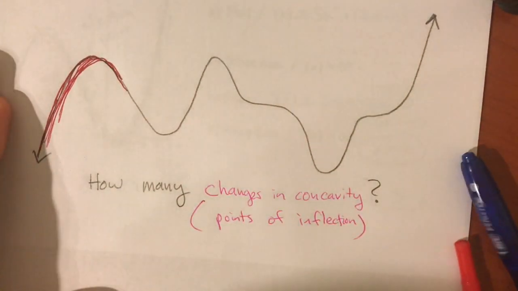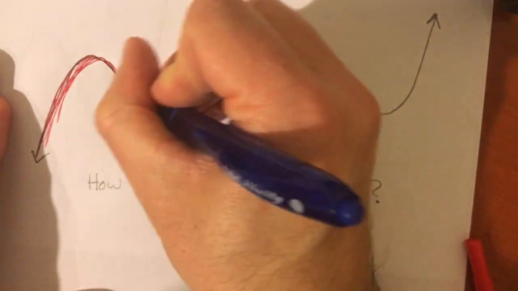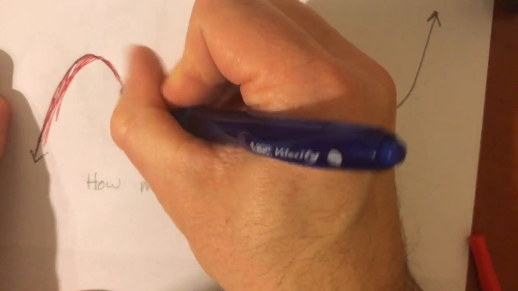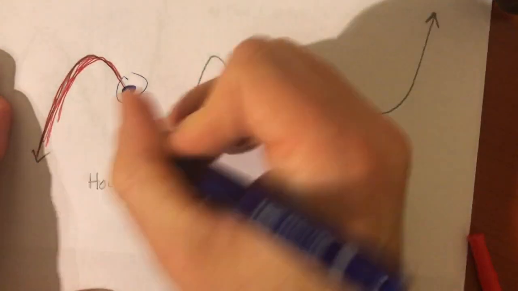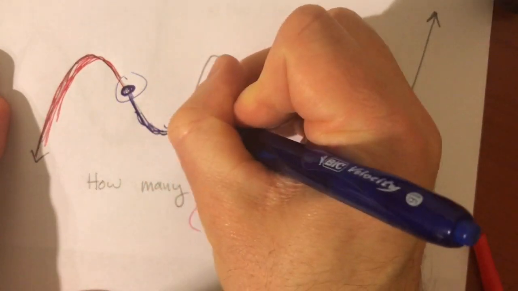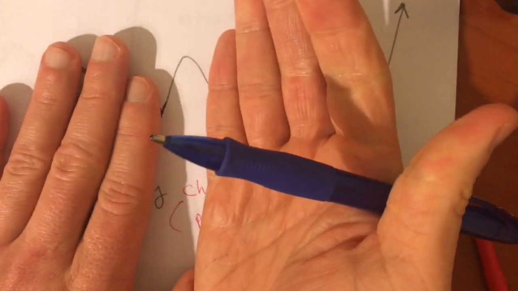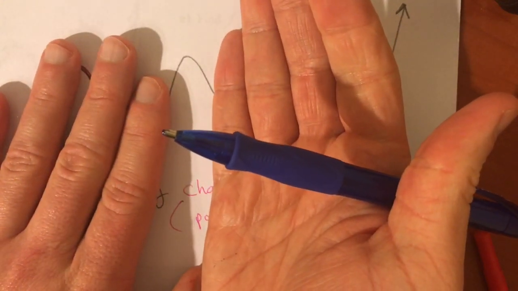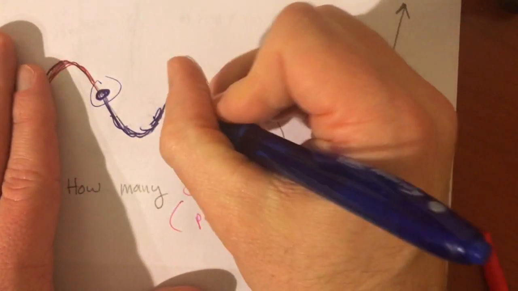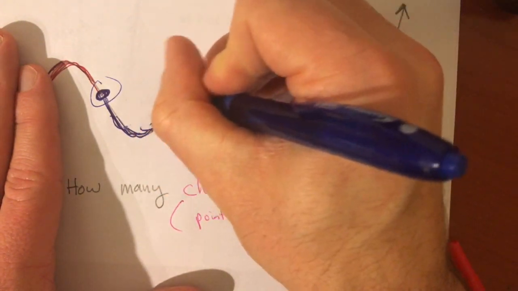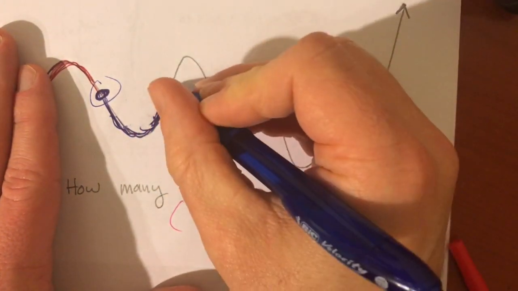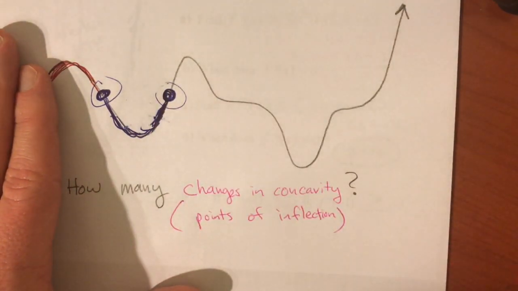I don't know exactly where, but somewhere right around there it switched to being concave up. So there's one point of inflection. And we're certainly not done. We keep looking, and then look, there's another downward looking parabola. So again, it shifts somewhere from here to there. It switches again. And I'll just put a dot right around there, it looks like.